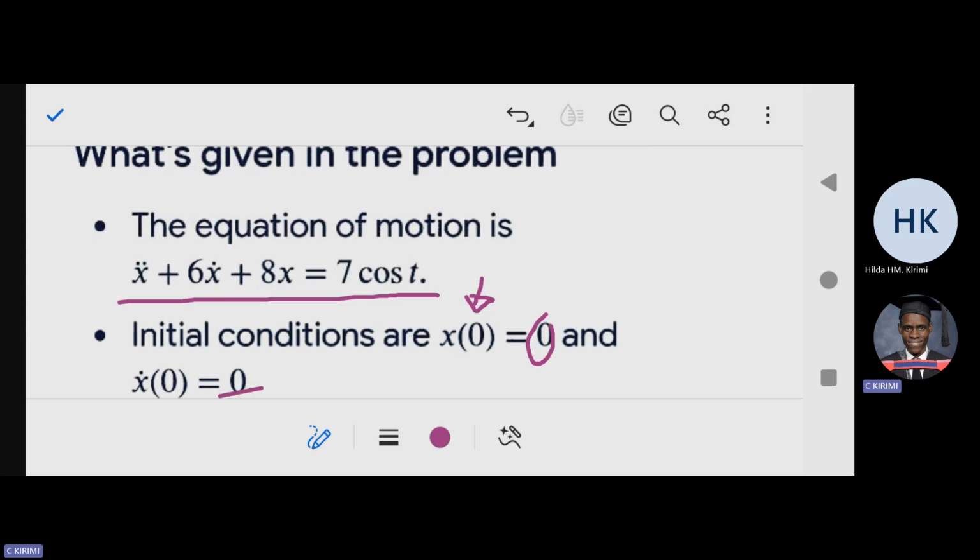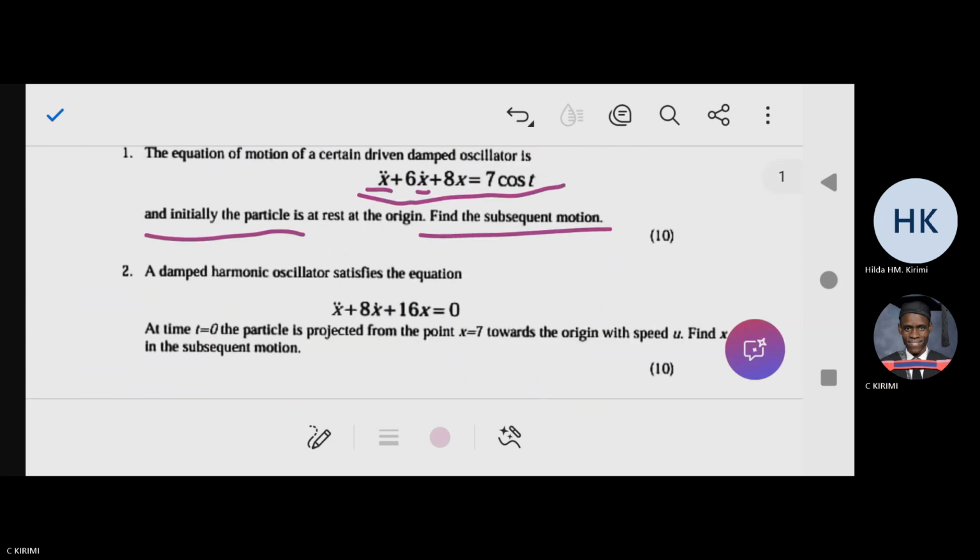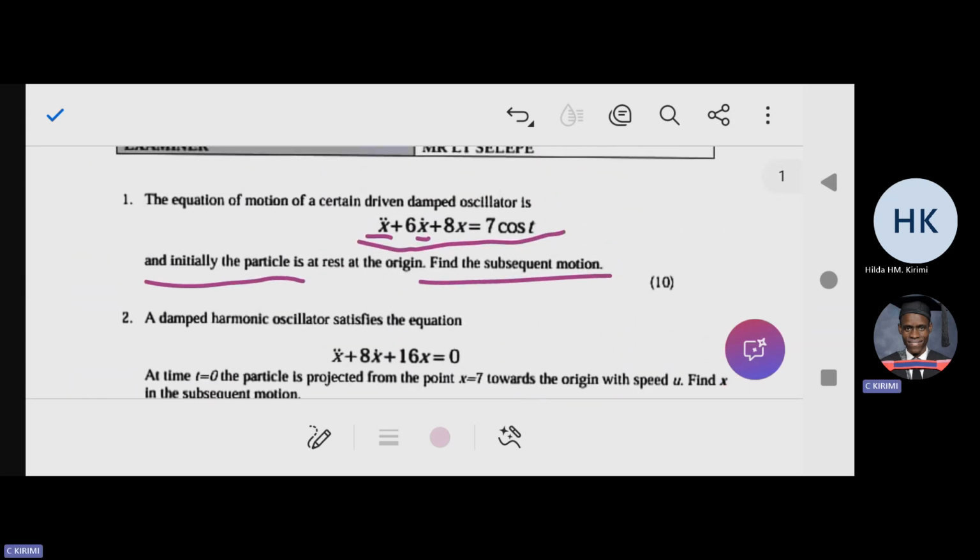Where did they get this information from? They got it from here, where we were told that initially the particle is at rest at origin. When the particle is at rest, what does that mean? It's not moving. So velocity is 0.